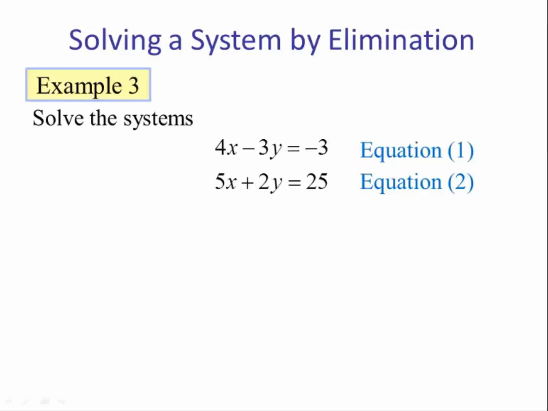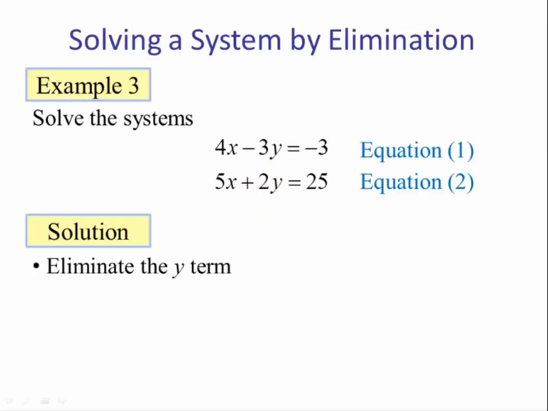So in this example, the coefficients are different. So if we want to eliminate the y term, this coefficient is negative 3, this coefficient is 2. So if we made this a negative 6 and we made this a positive 6, we could eliminate the y variable.